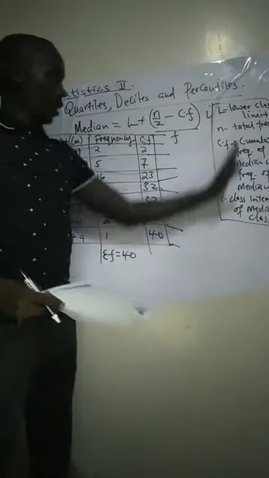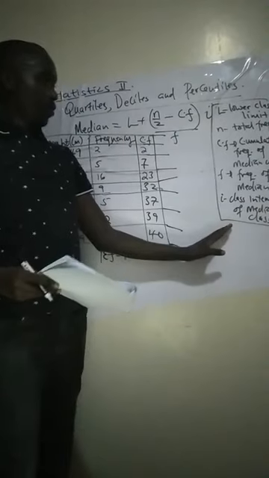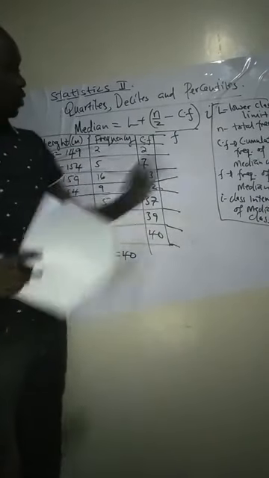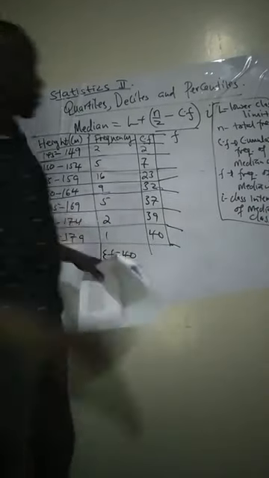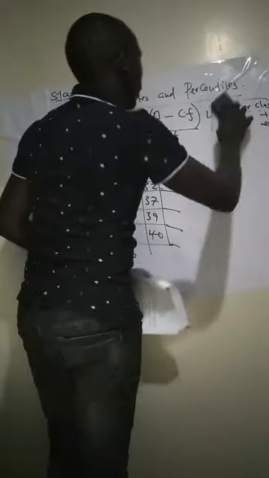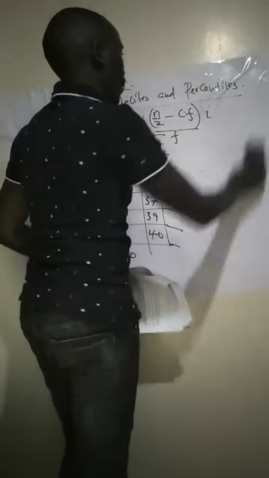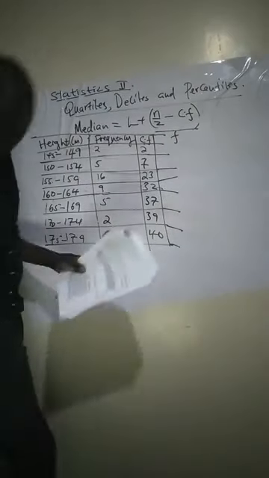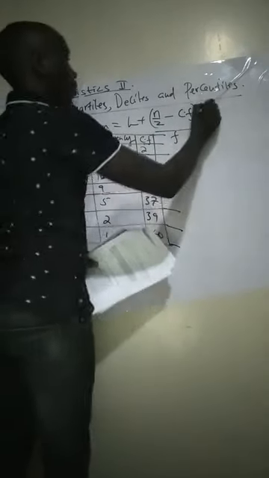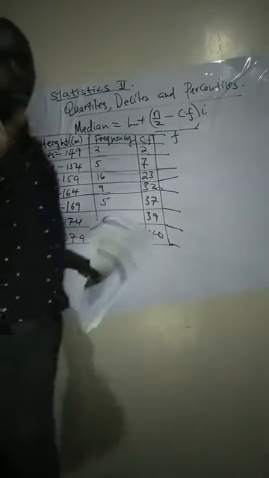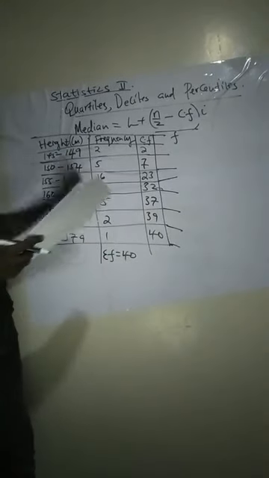So I am sure you have already captured this. If you have not, you can always play back and capture this information here, because I want to erase that. So let's say you want to get the median. For us to get the median, we must first get the median class.